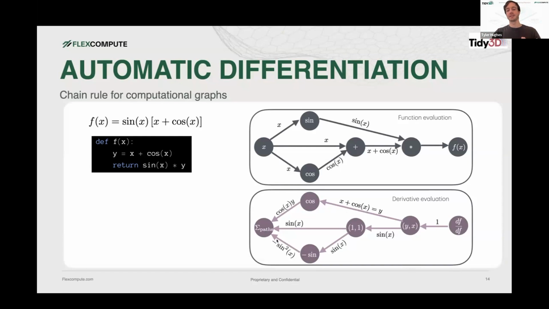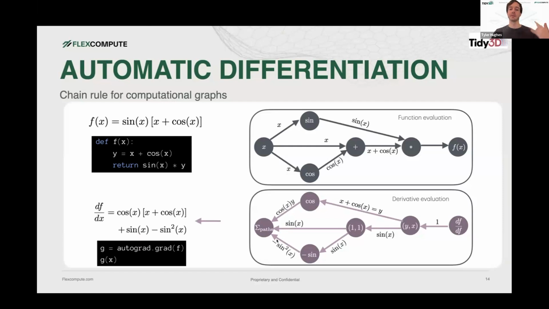And if you're familiar with neural networks, this is essentially the back propagation algorithm for neural networks. It's all the same thing. What's really cool about automatic differentiation is there's tons of packages now, such as AutoGrad is one, that let you do this in Python code.